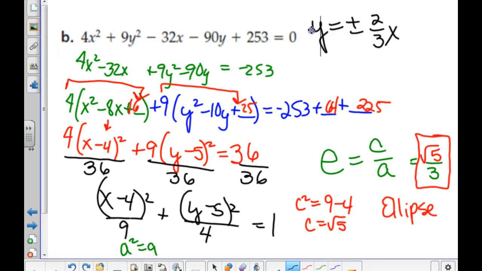This goes through the origin, right? These two lines go through the origin. Is this ellipse centered at the origin anymore? No. So the equation you should have been using was y minus k equals plus or minus, for this one, b over a, times x minus h, okay? Just wanted to throw that out there because that was a struggle for some people on the quiz.